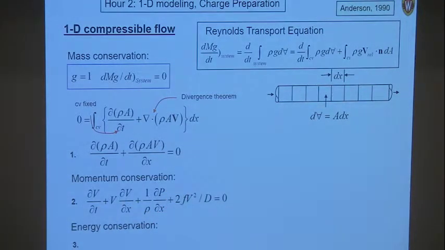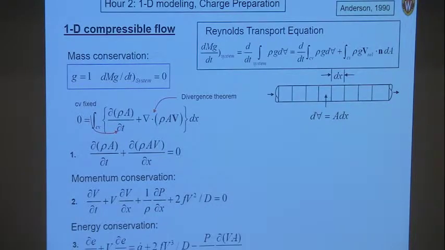The frictional forces scale with the velocity squared, the diameter of the duct, and a friction factor, f. And then this term that's left over corresponds to the acceleration term, which has both a time-dependent term and a spatial-dependent term. So that's my momentum conservation. And in this case, my quantity G here is just V, the momentum per unit mass. All right? So that's how we derive these equations.